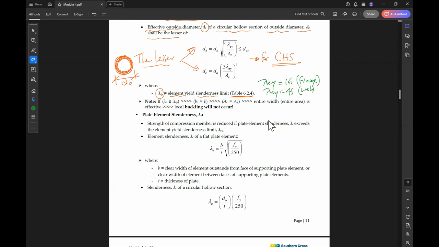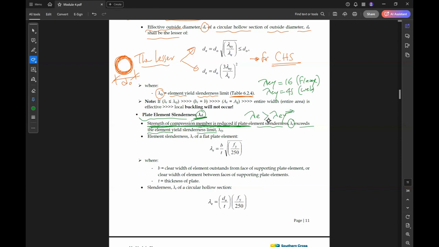So what is lambda E? Lambda E is the effective slenderness. The strength of the compression member is reduced if plate element slenderness exceeds the element yield strength limit lambda EY. So why do we need to know lambda E? Because when lambda E exceeds the yield limit, this means that we need to reduce the strength.